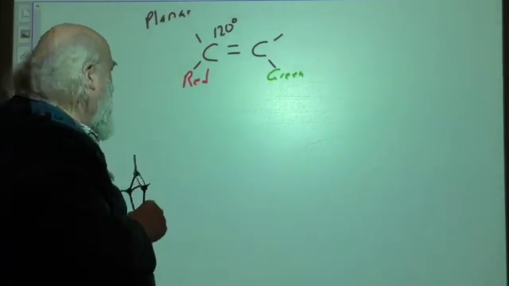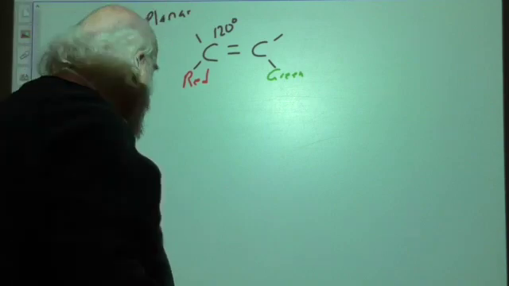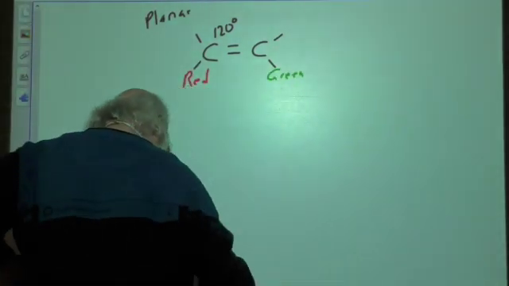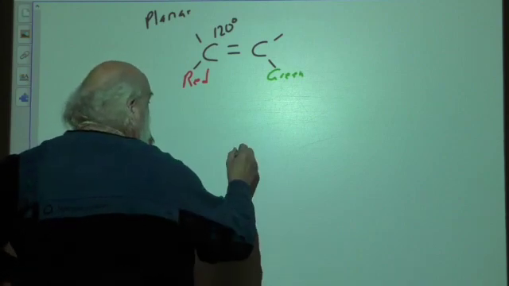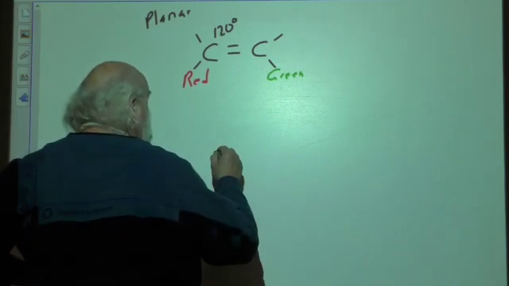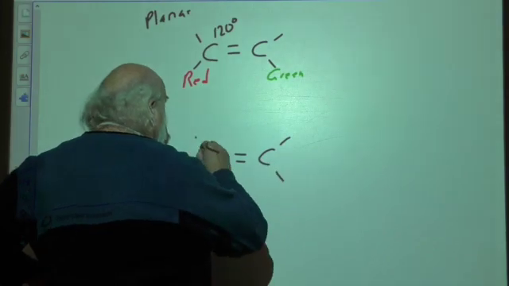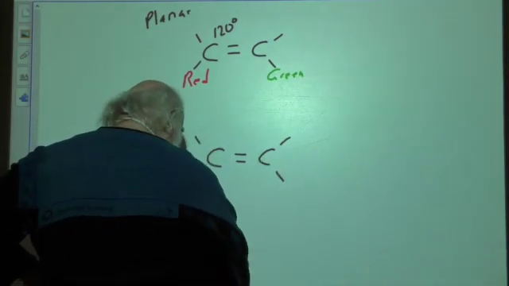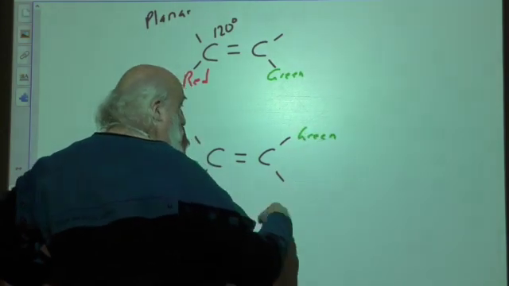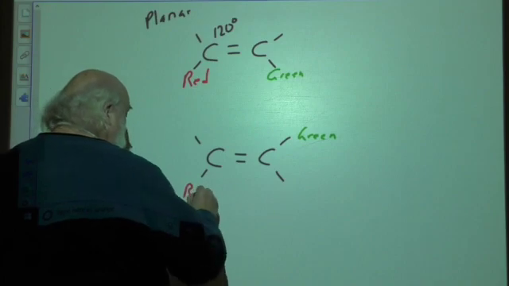Okay? Now, we could have put the green over here. Whatever the green structure is right here, methyl group, alpha group, whatever. And I'll put the red group over here, methyl group, alpha group, whatever.